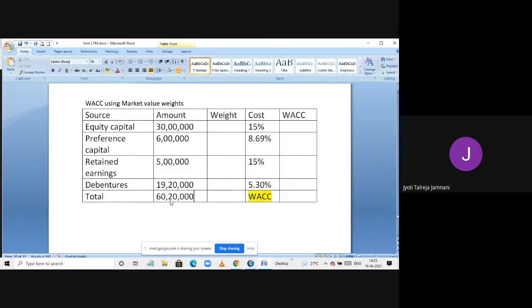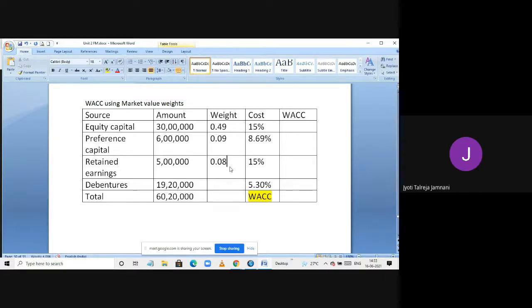So 30 lakh divided by 60 lakh 20,000 is 0.49. 6 lakh divided by 60 lakh 20,000 is 0.09. 5 lakh divided by 60 lakh 20,000 is 0.08.